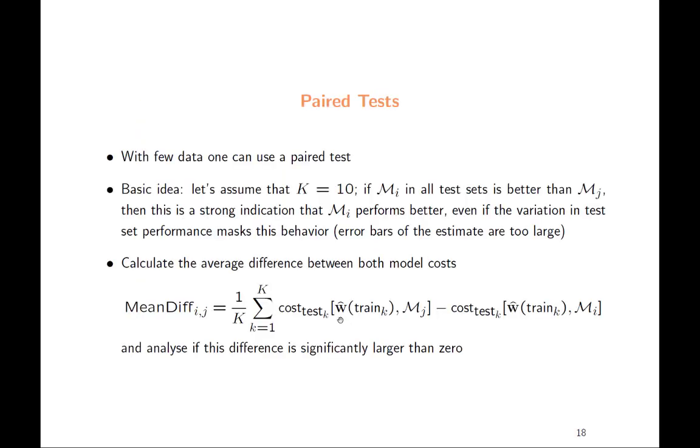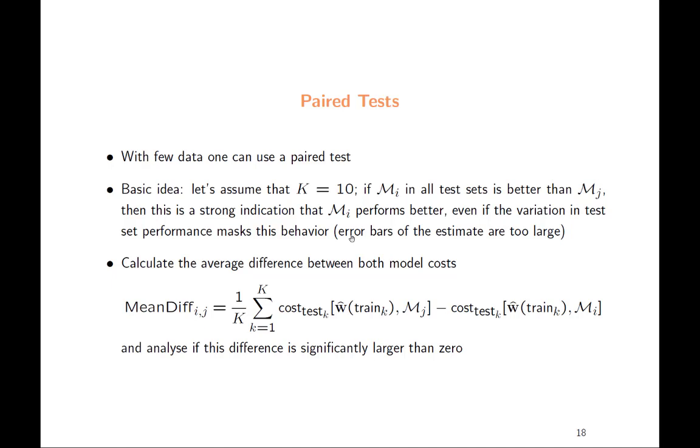But sometimes it's not enough. We see overlap, and can we still show that one method is better than the other? And sort of the last straw is the paired test. So we don't just calculate the mean of the performance of the 2 methods.